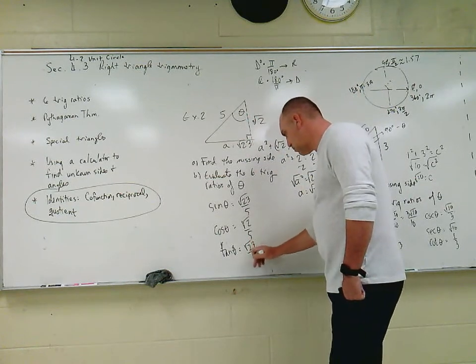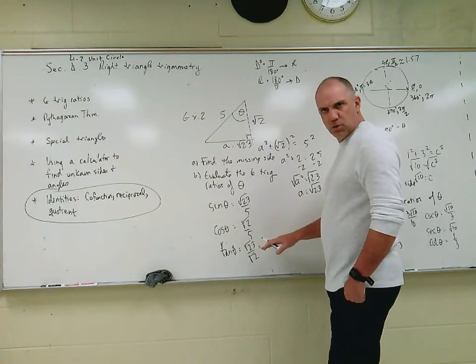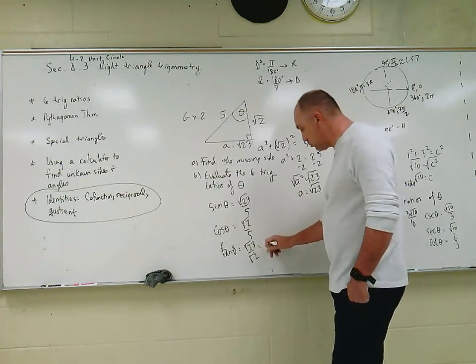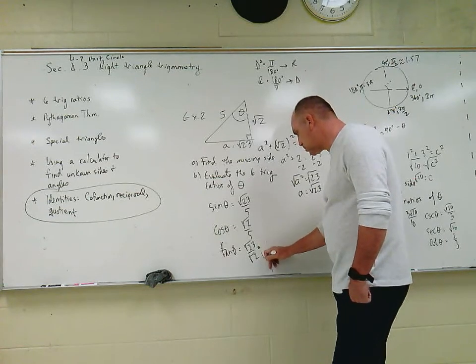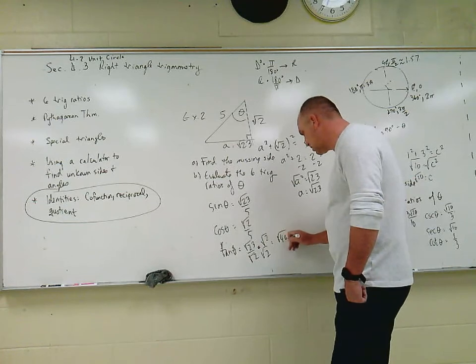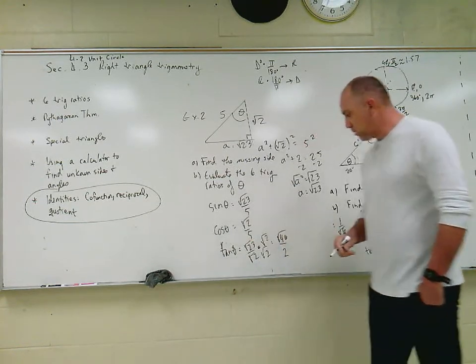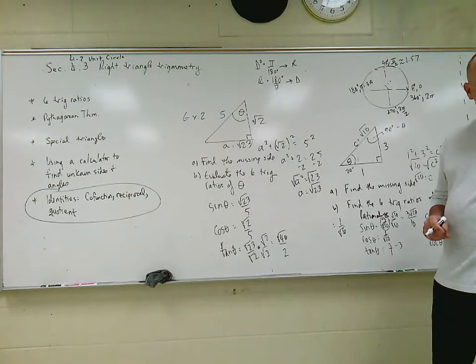Square root of 23 over square root of 2. Now it's kind of odd looking like that, so it would be better to rationalize. If I multiply top and bottom by square root of 2, I'd get square root of 46 over 2. When you multiply square roots, you multiply the inside, so that looks much better.